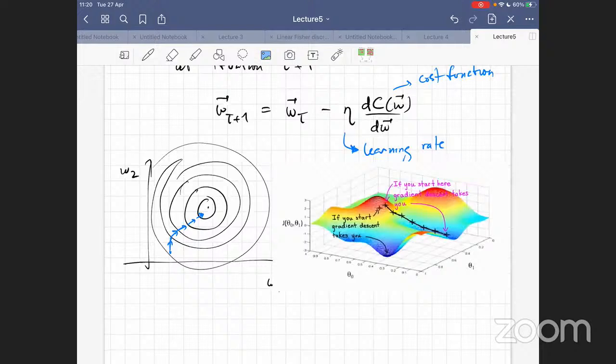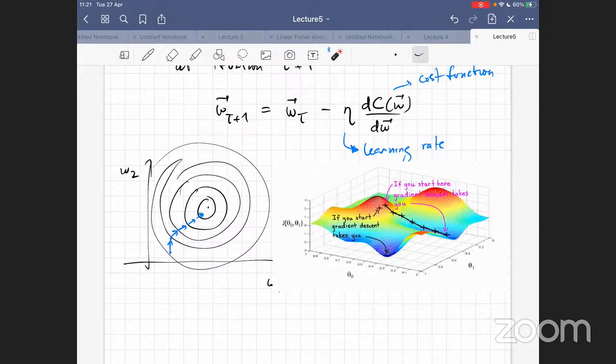So here the idea is that you start, let's say, somewhere here, and then you slowly move towards a minimum here, right? So you go down the hill. So you do this descent, right? By computing at each epoch the improvements or the updates of the parameters in this way.